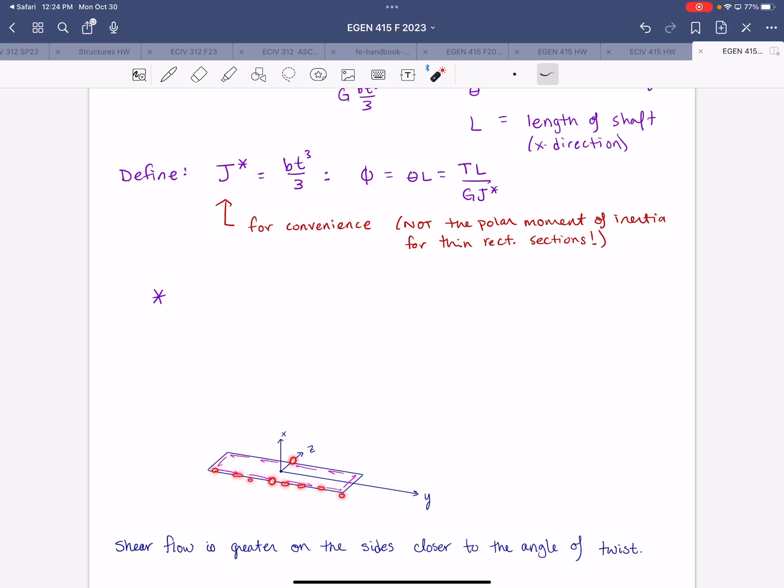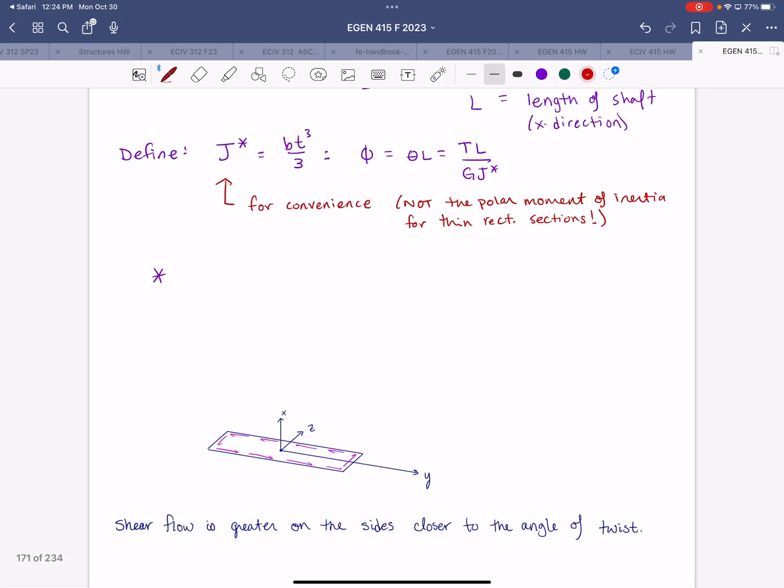All along that long edge you would have the same magnitude of shear, and that's where the maximum magnitude would occur. That's assuming, of course, that these coordinates are placed at the center of twist.